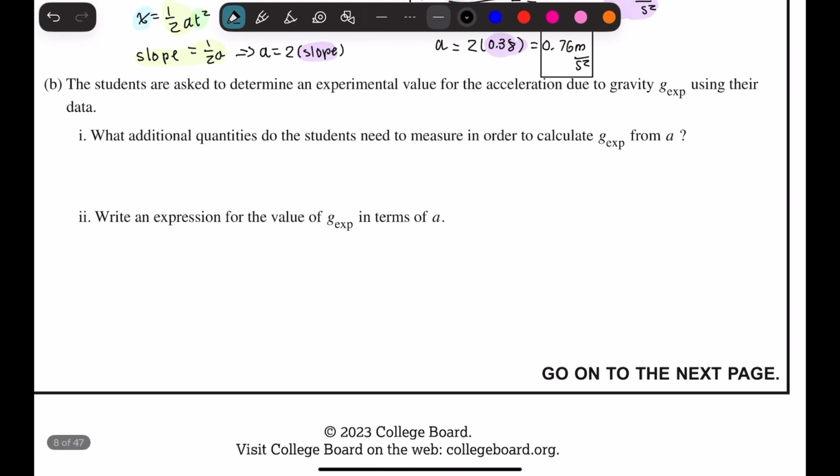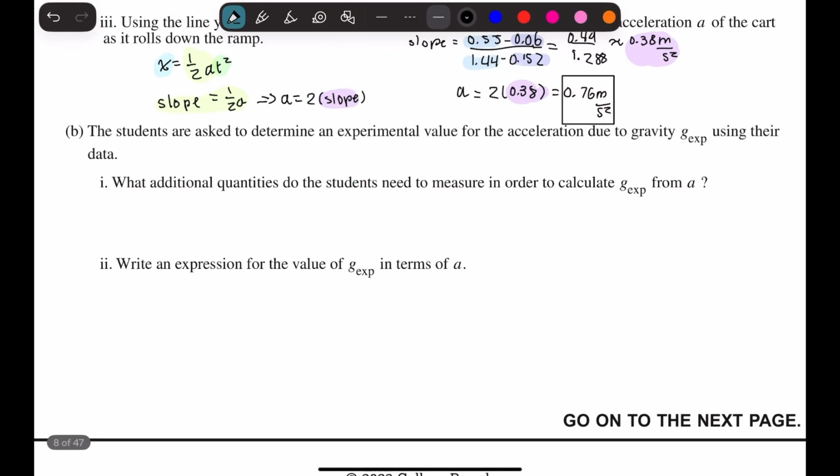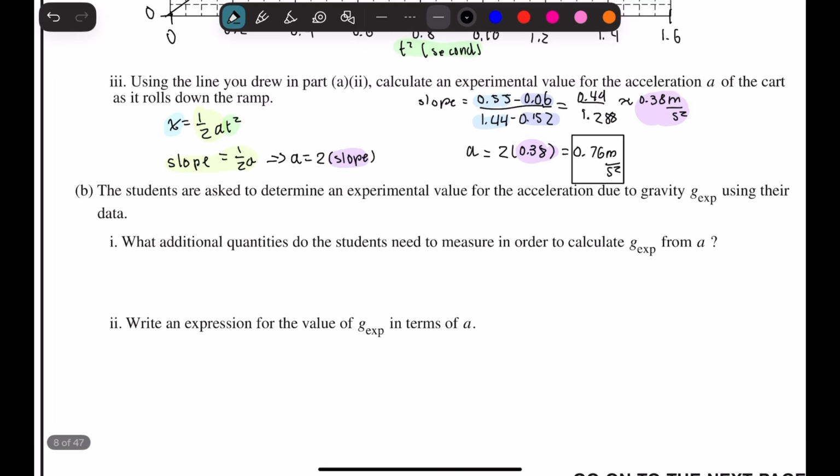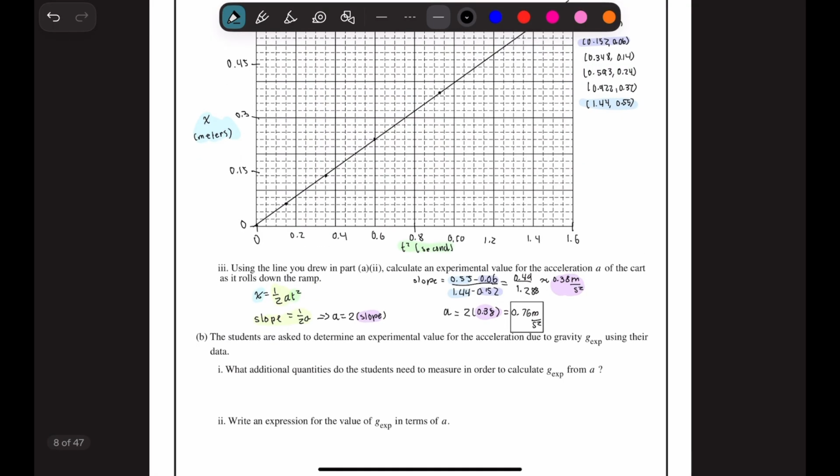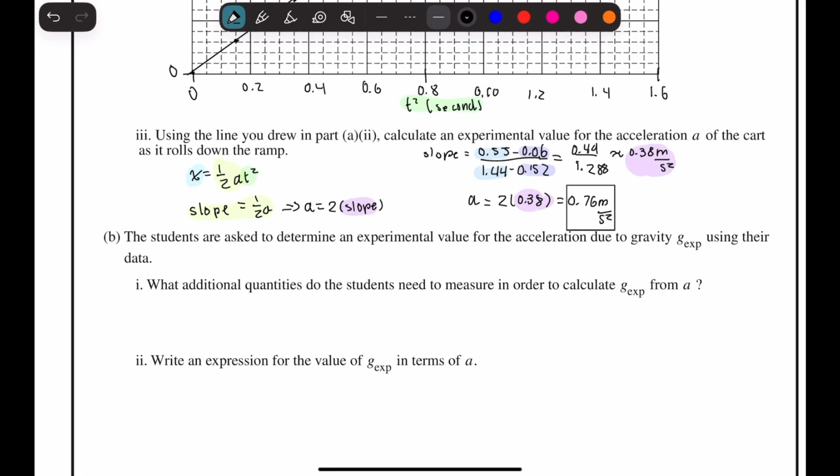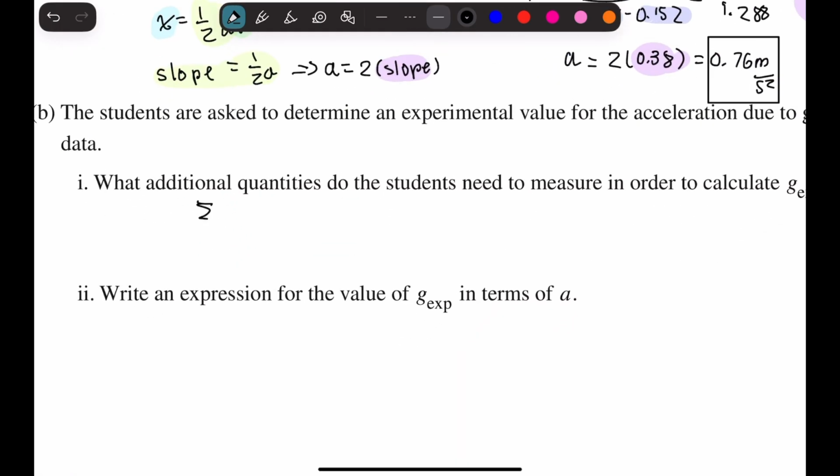The students are asked to determine an experimental value for the acceleration due to gravity, g experimental, using their data. What additional quantities do the students need to measure in order to calculate g experimental from A? Well, if we want to relate the acceleration on the graph to gravity, we have F is equal to MA, summation of F is equal to MA.